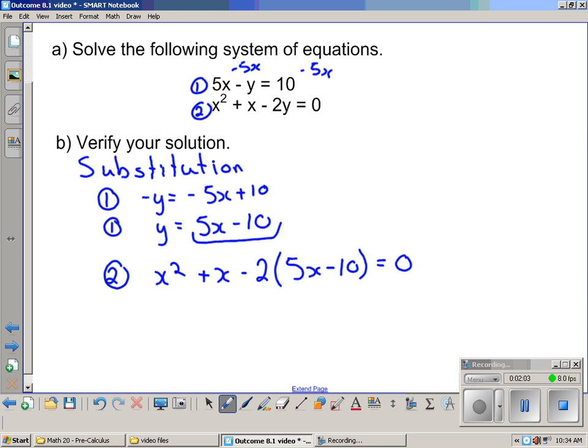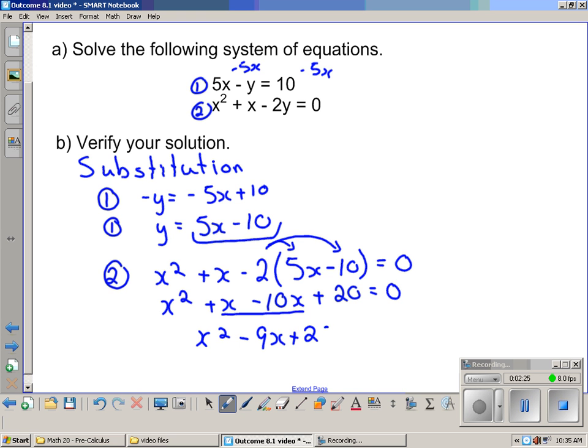It's a quadratic equation. First step is to distribute this 2 in, and we end up with x squared plus x minus 10x plus 2 times 10 is 20 equals 0. Collecting like terms, x squared minus 9x plus 20 equals 0.